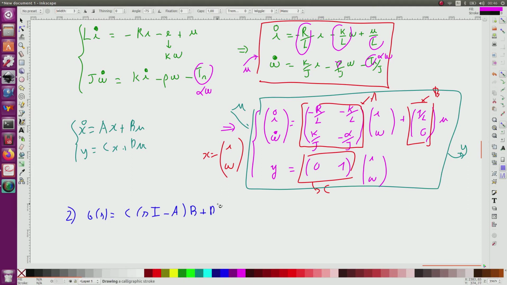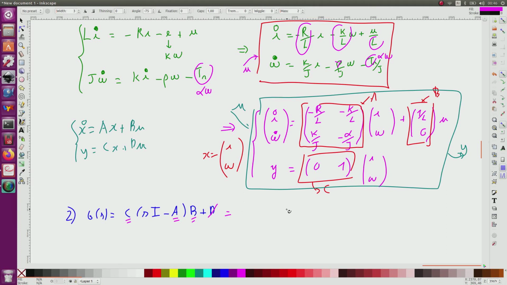D is equal to 0. A is given by this matrix, C by this matrix, and B by this matrix. I is a two-dimensional identity. I will not do the computation; I will give directly the result.